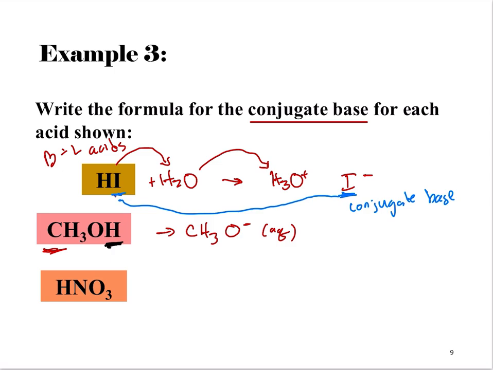And so the fact that this is written CH3OH instead of CH4O tells you that this proton is on an oxygen. So a lot of times that's the indicator for that. We'll talk more about that when we get to organic molecules, but that's a general rule when we're dealing with acids and bases, right? The H that's attached to the oxygen is going to be the one that's going to be donated. And then this is the conjugate base.